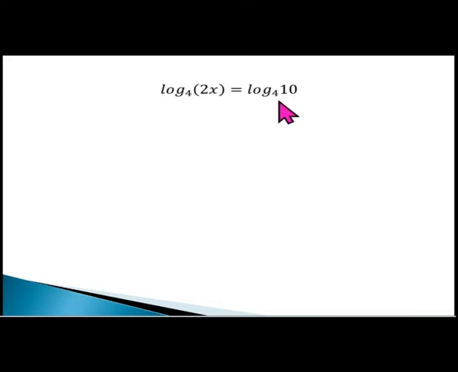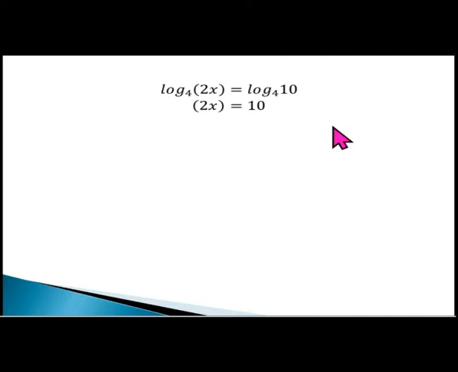Going back to the definition of the one-to-one property, we can say that our base here is 4, the u represents 2x, and the v is represented by 10. Since we have logarithms with the same base, we can simply disregard our logarithm base 4 and bring down 2x equals 10.